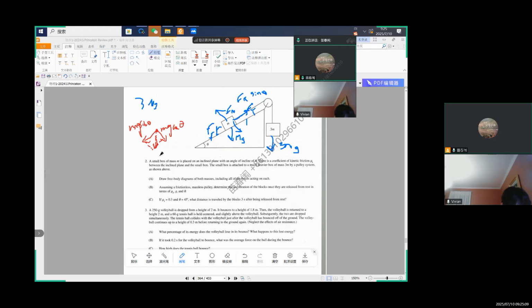We can also prove that it's not 3mg, because if the tension here is 3mg, then the tension in every part of this situation is also 3mg. It's 3mg in here and 3mg in here. It's balanced, so it's not moving anymore, right? So that's all gravity.